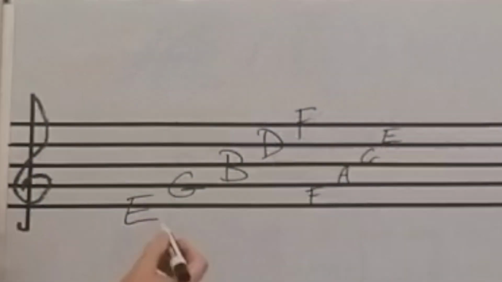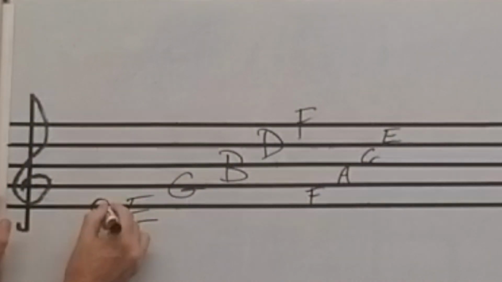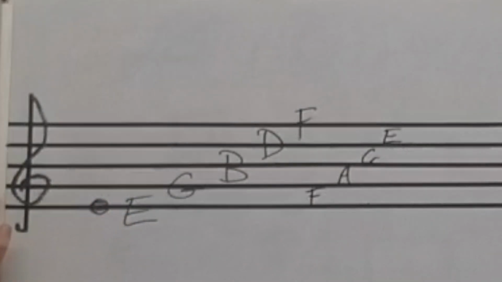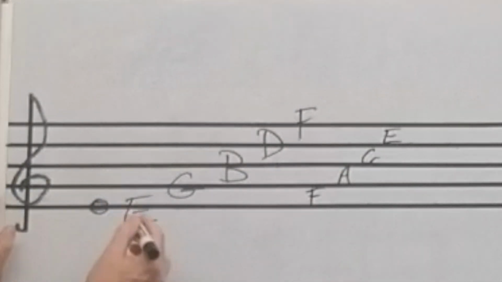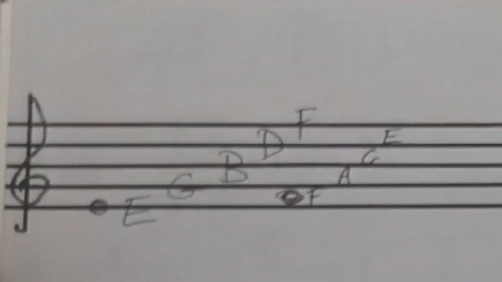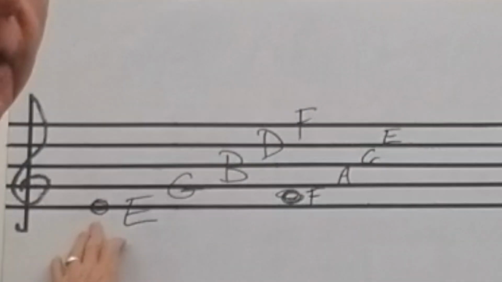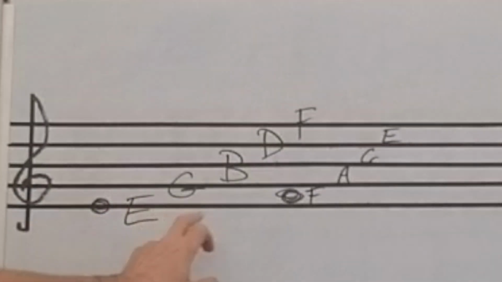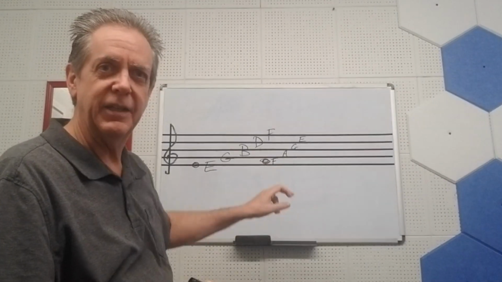Anyway, if there's a note here, it's an E. And they'll put it covering the line. If there's a note here, it's an F. What I want you to look at right now is the tiny amount of distance from that note to that note. It's like the next little thing higher.